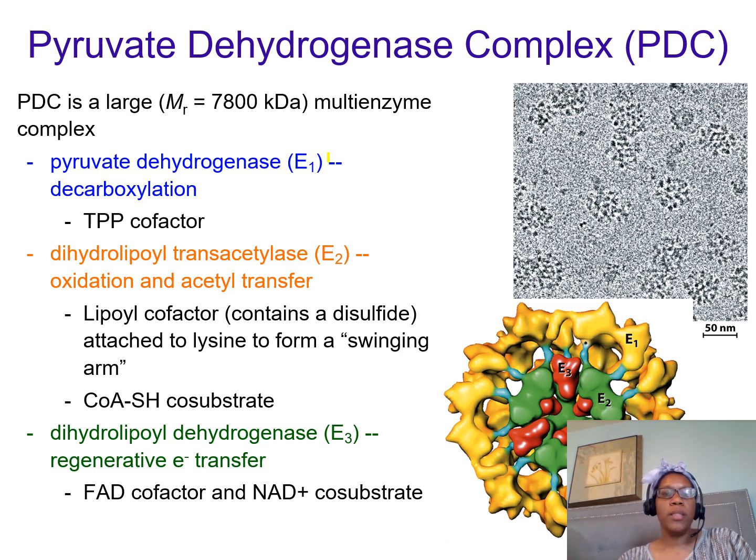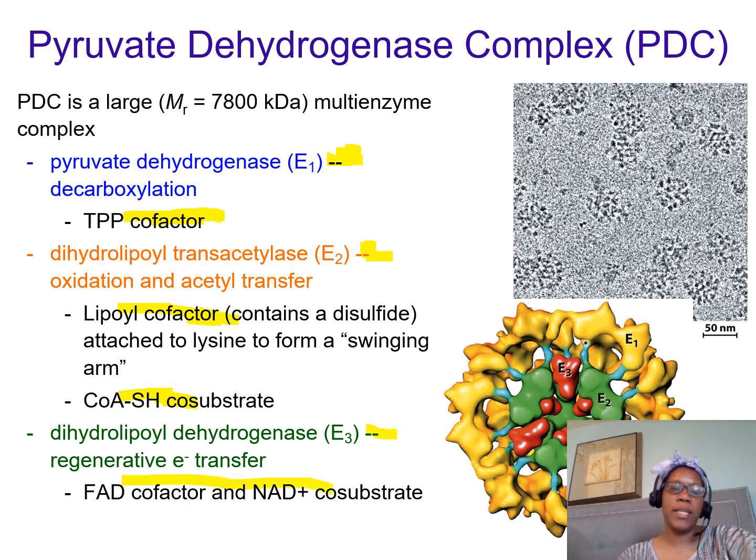So E1 contains the TPP cofactor. We'll go over that. E2 will have steps 2 and 3, and will have the lipoyl cofactor and the coenzyme A, and then enzyme 3 will have the FAD cofactor and the NAD+ co-substrate.